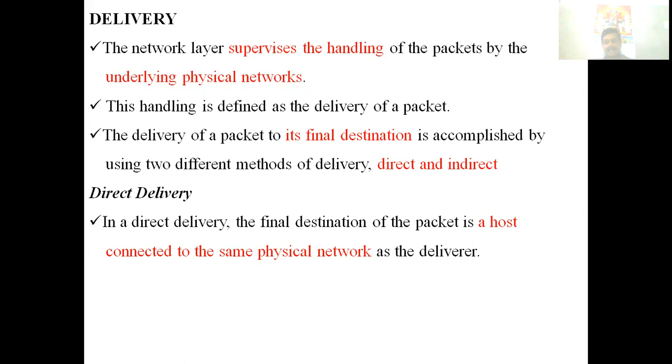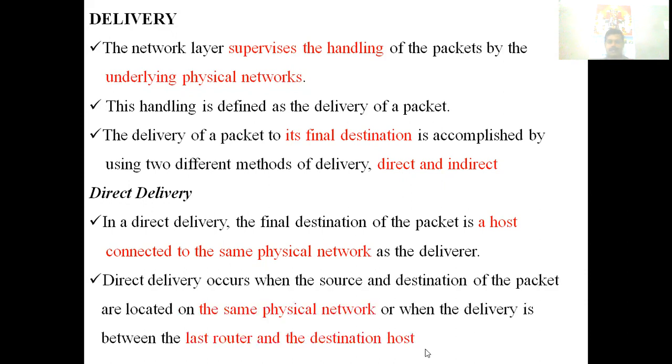Direct delivery occurs when the source and destination of the packet are located in the same physical network, or when the delivery is between the last router and the destination host.